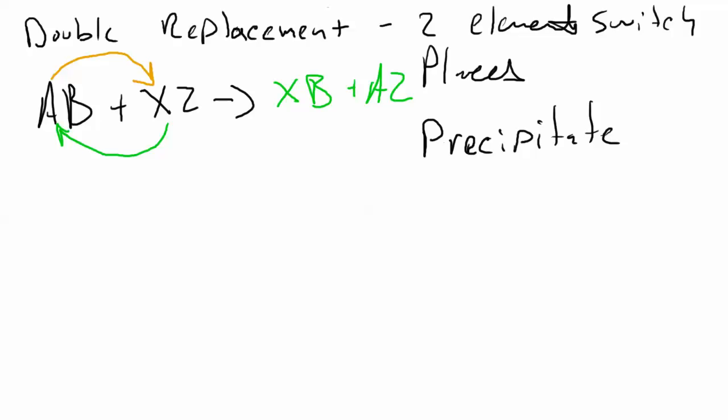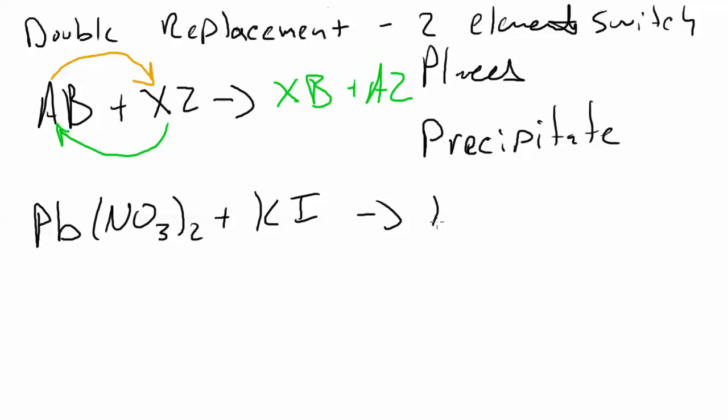So a really famous one of these that we can't really do anymore because of the toxicity of the metals is when you have lead. I think it's usually lead(II) nitrate. So lead(II) nitrate and potassium iodide.